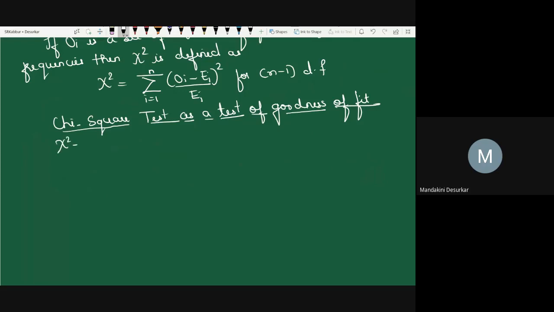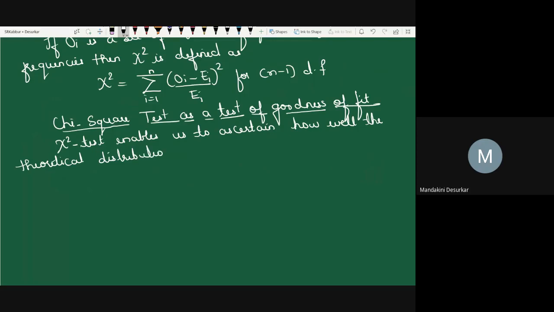Now the chi-square test enables us to ascertain how well a theoretical distribution, such as binomial, Poisson's, or normal, etc., fits the empirical distribution.